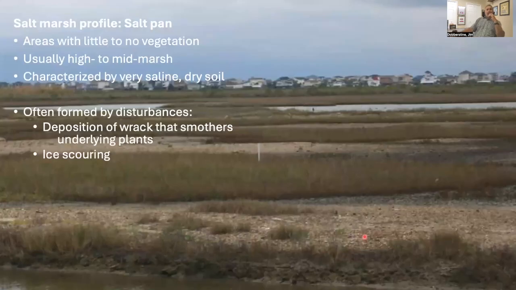When you get down into the next zone, this is a zone that has high salt stress, right? This is referred to oftentimes as salt pan because you can see that there are open areas, right?